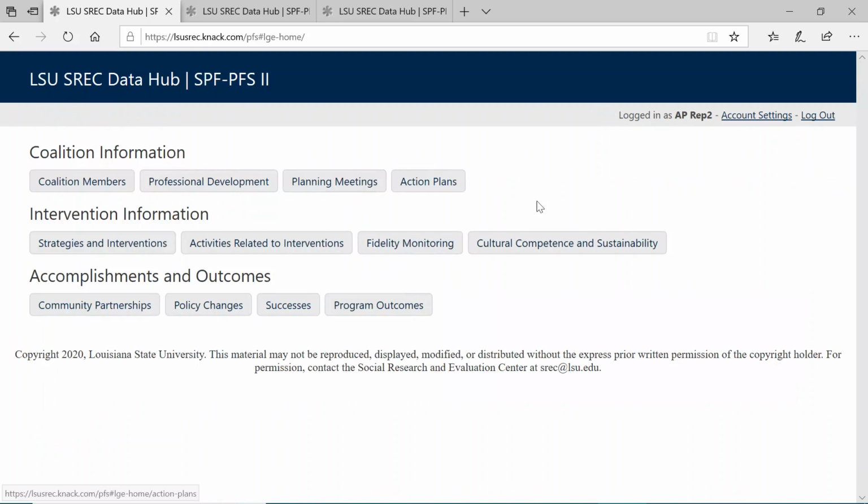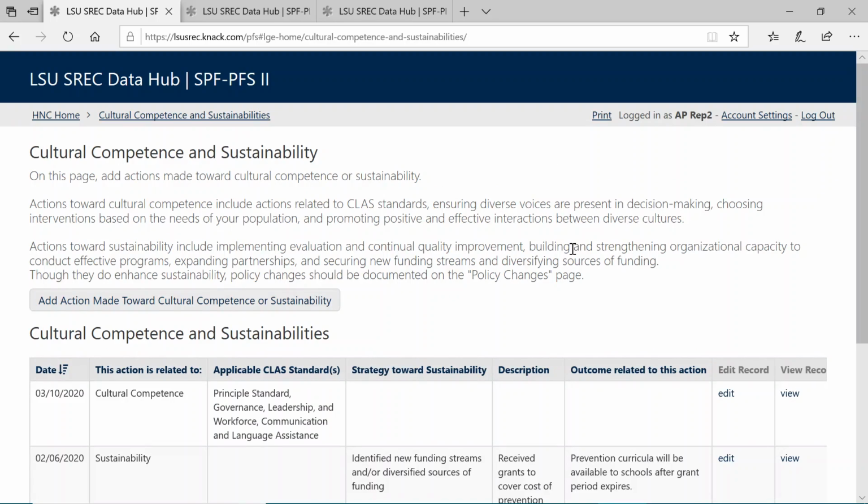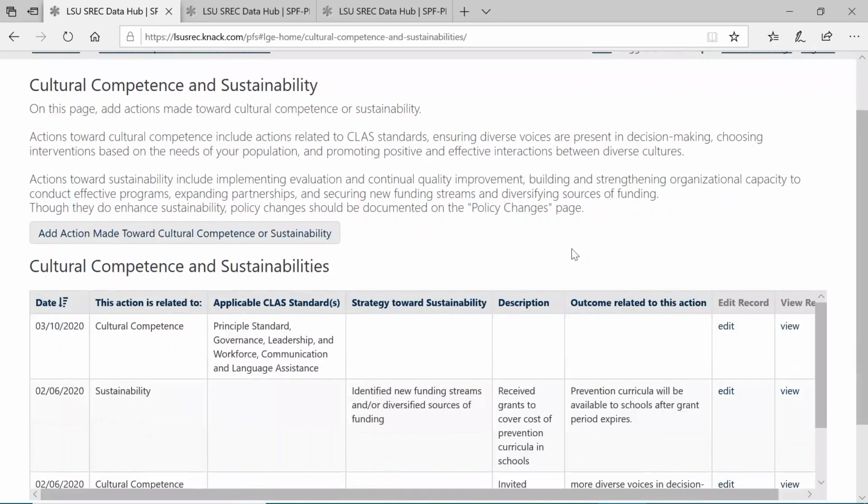Okay. Next, we're going to go to the last form in your intervention information. And this isn't necessarily directly related to interventions, but it is an important part of the SPF PFS grant on documenting cultural competence and sustainability.